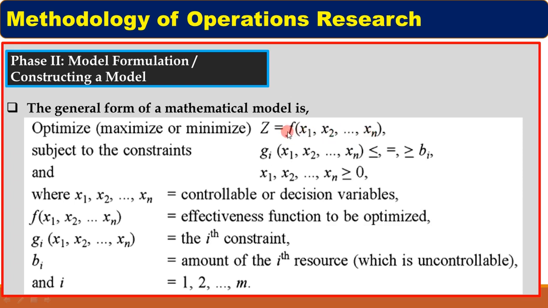So this f represents the function of x1, x2, ..., xn, and which is subject to constraints gi(x1, x2, ..., xn) less than or equal to, equal to, or greater than or equal to bi. So here this gi represents the constraint equation, and it is the function of this x1, x2, ..., xn.